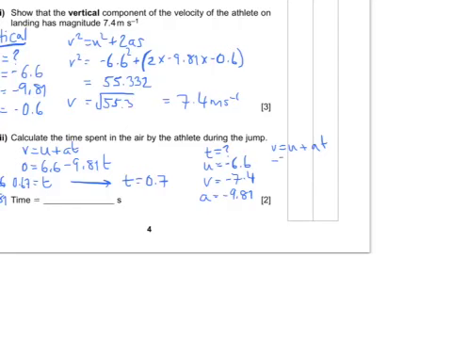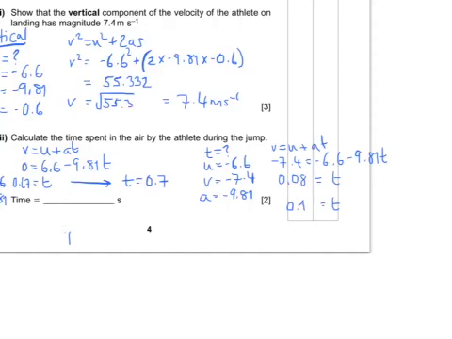So our minus 7.4 equals minus 6.6 minus 9.81 t. Rearrange all that, and we end up with t equal to 0.08. Now you really have to write that to the same accuracy as before, so t is equal to 0.1.